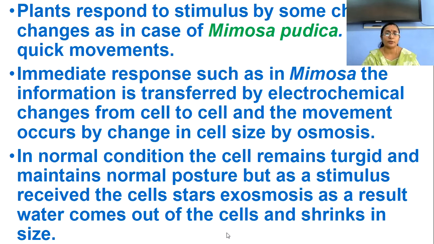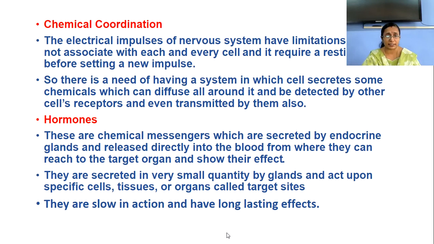So as I told you, this response in mimosa is generally because of some electrochemical changes that take place inside the cells of the leaves, and these changes will stimulate changes in the cell size by osmosis. So there will be movement of water into and outside the cell. When water moves into the cells, the leaves will remain open. When the water moves outside the cells, then the leaves will close. So this is how movement takes place.